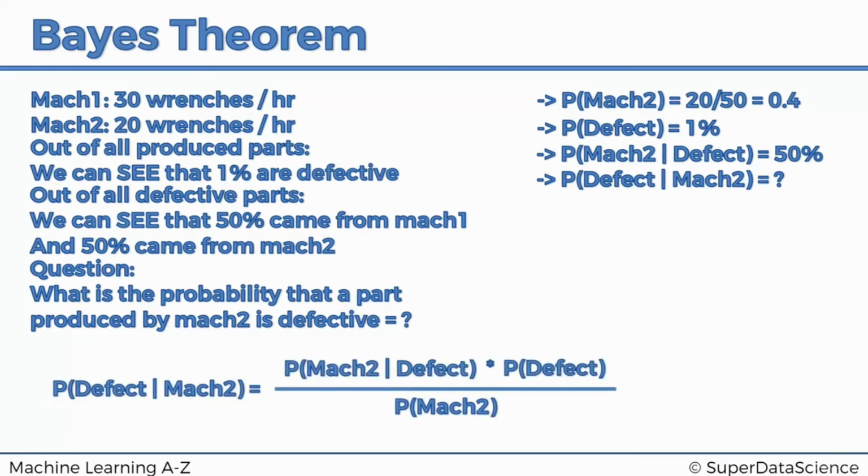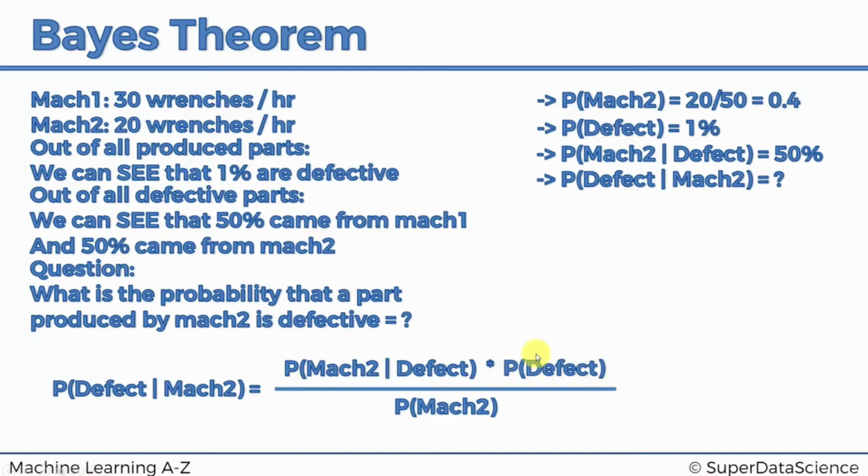The Bayes theorem for this particular problem will look as follows. The probability of a defective part, given that it came from machine 2, equals, and here we go, this is the fun part, we'll start from right to left.